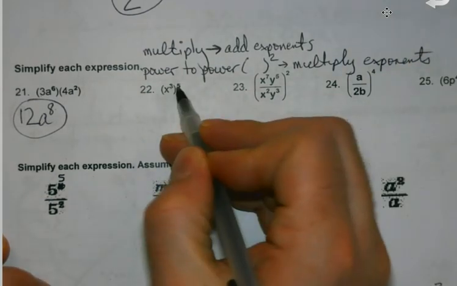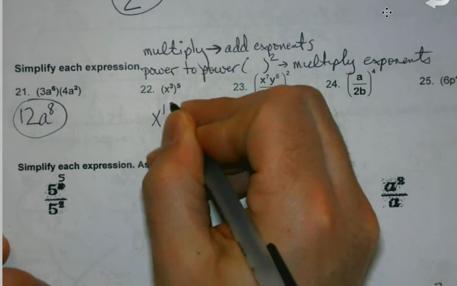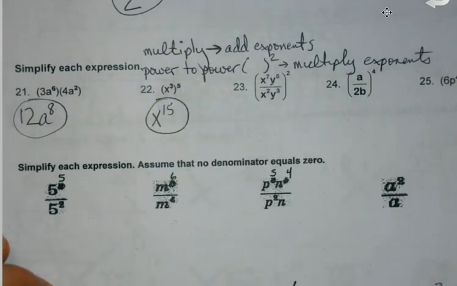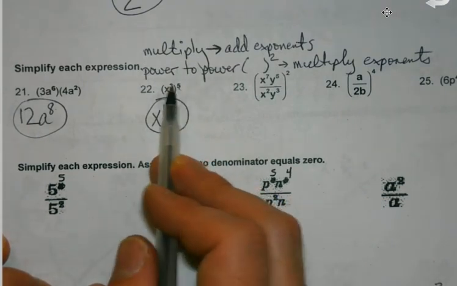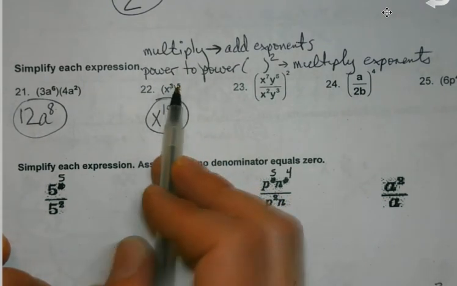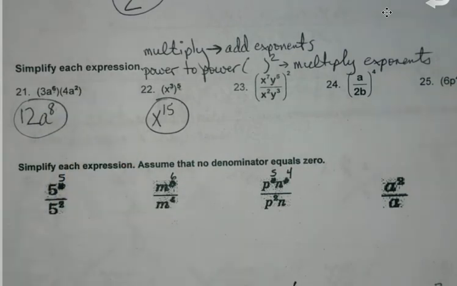So 3 times 5 is 15. Now notice the difference between 21 and 22. In 22, the exponent's outside the parentheses. That's why I do the power to power rule. Here, they're inside, so I don't have to do that. So it's just a little thing for you to kind of watch out for.